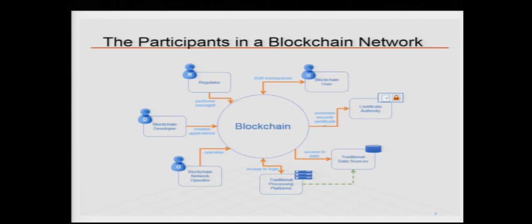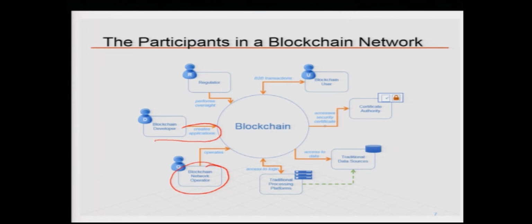Here it is actually quite different. So we have the blockchain. The blockchain developer creates applications. This is also true in Ethereum, where you can be a smart contract writer, so you are a blockchain developer. And then the blockchain network operator is the one who maintains the blockchain network, which means all the entities that maintain the blockchain, do the consensus, everything that has to be maintained by some entity.